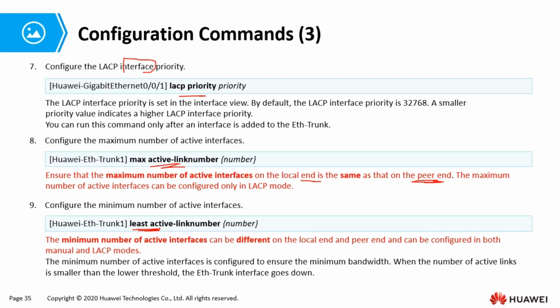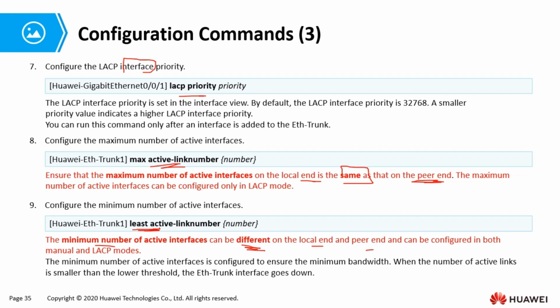The minimum number can be different on the local and peer ends. This is different from the maximum, which should be the same.